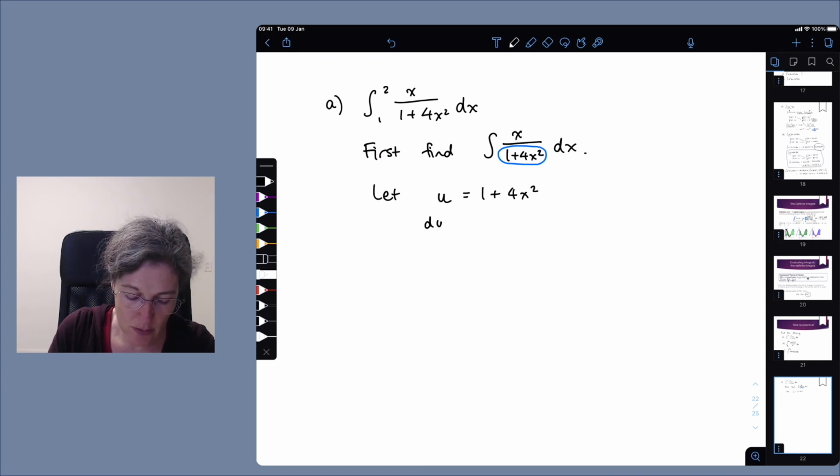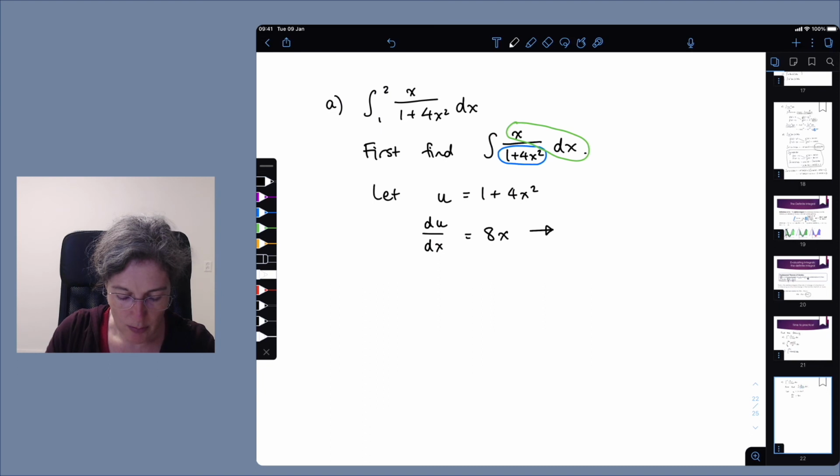Take the derivative, so du by dx is equal to, well, here I've got an 8x. Now what I really want is just an x times dx. So I multiply through by dx to get du is equal to 8x dx, and I'm going to divide through by 8, because then that will give me that my x dx is 1 over 8 du.